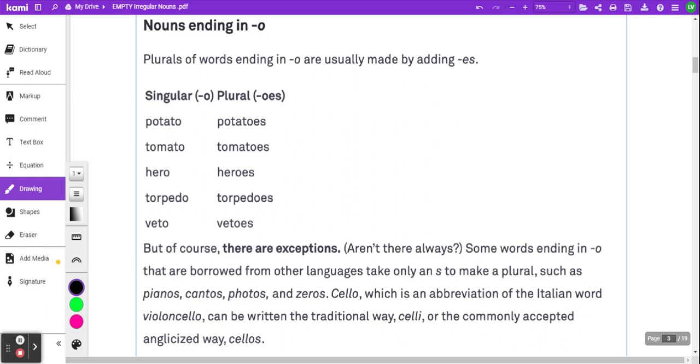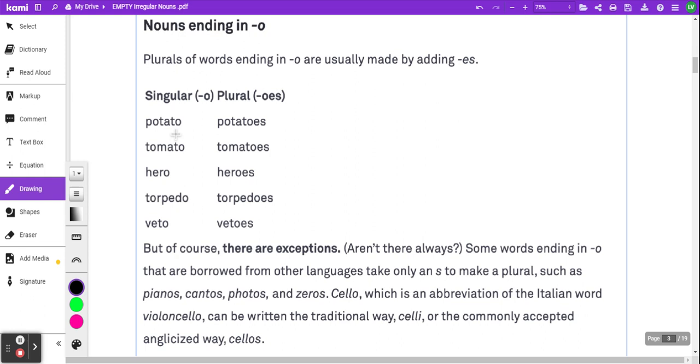And then you have veto, or veto es el poder de, en un voto, cancela el voto, it cancels the vote. Otras palabras, pianos or piano, cantos, photo, zero, cello.